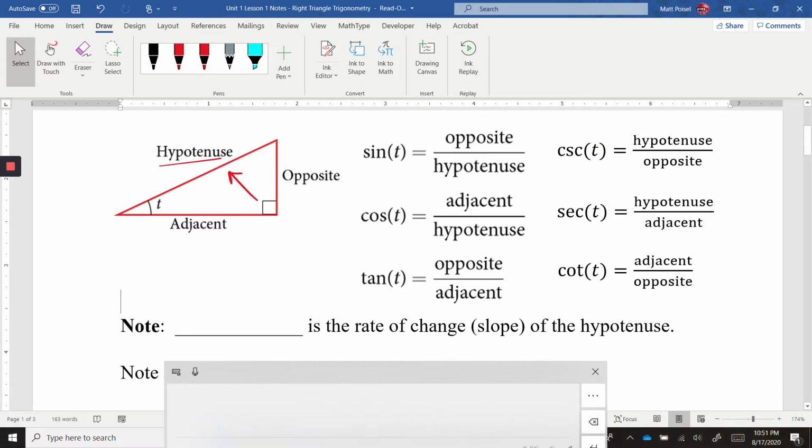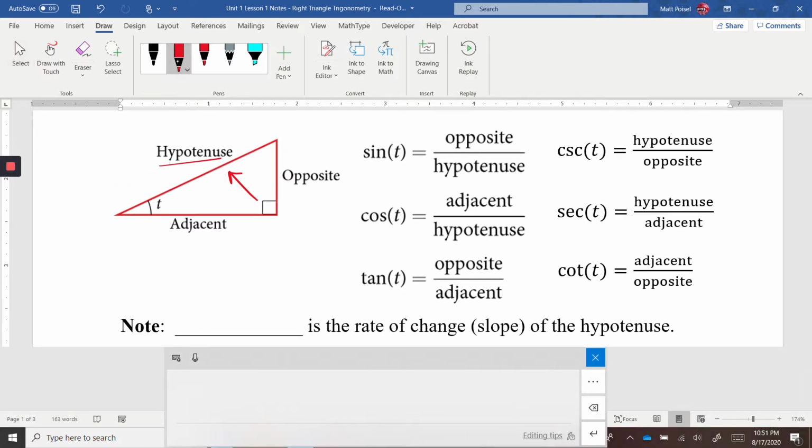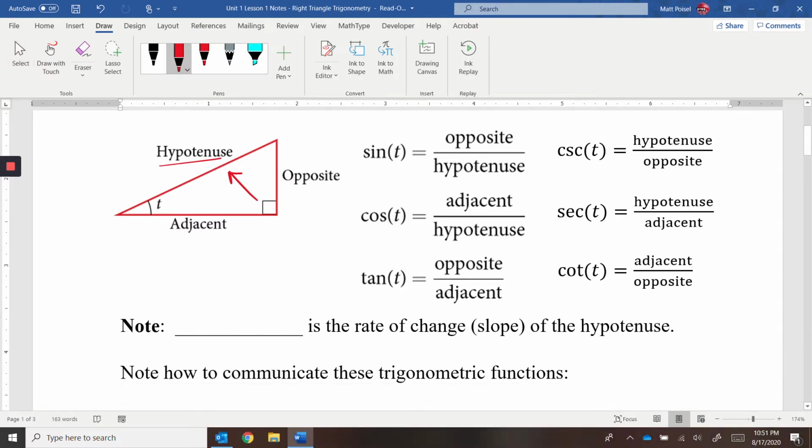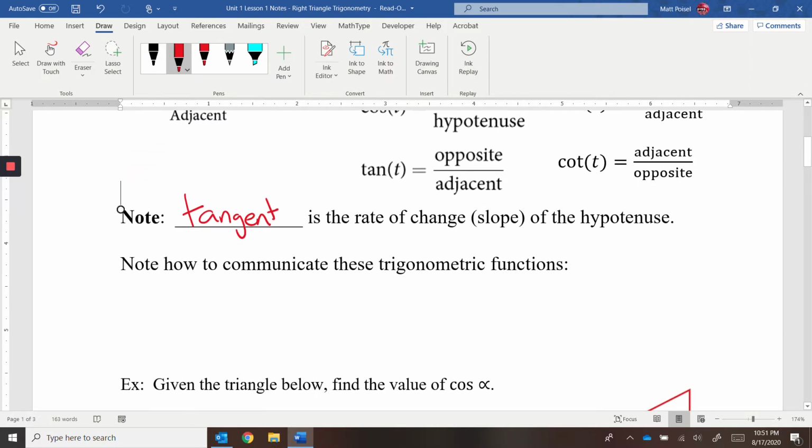One thing to keep in mind is that the tangent ratio is really the rate of change of the hypotenuse. So when we talk about rise over run, that's what that's going to show us with the opposite over the hypotenuse. Again, the way that we say these, sine is actually spelled S-I-N-E.